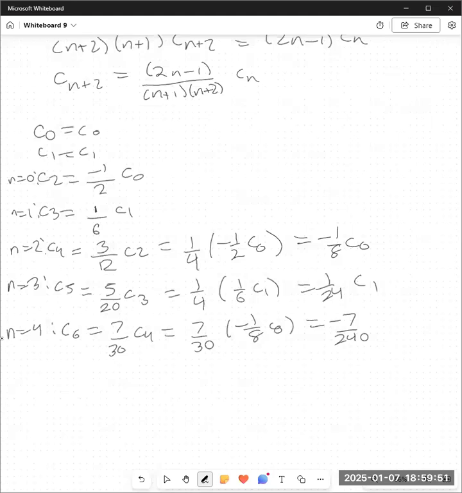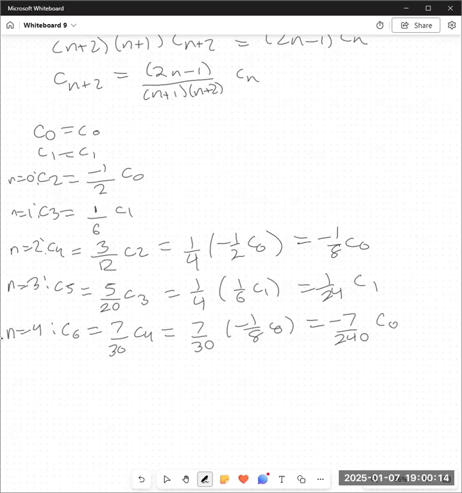So when n is 4, 8 minus 1 is 7, 5 times 6 is 30, 7 over 30 times negative 1 over 8 is negative 7 over 240 C0, right?